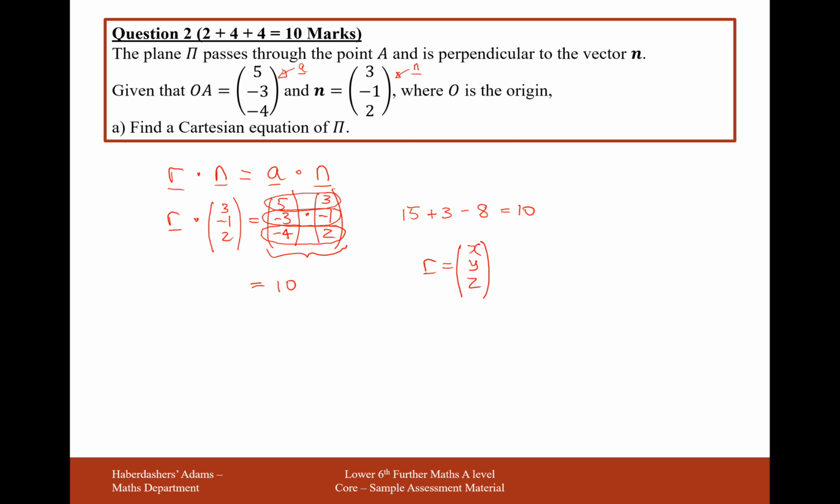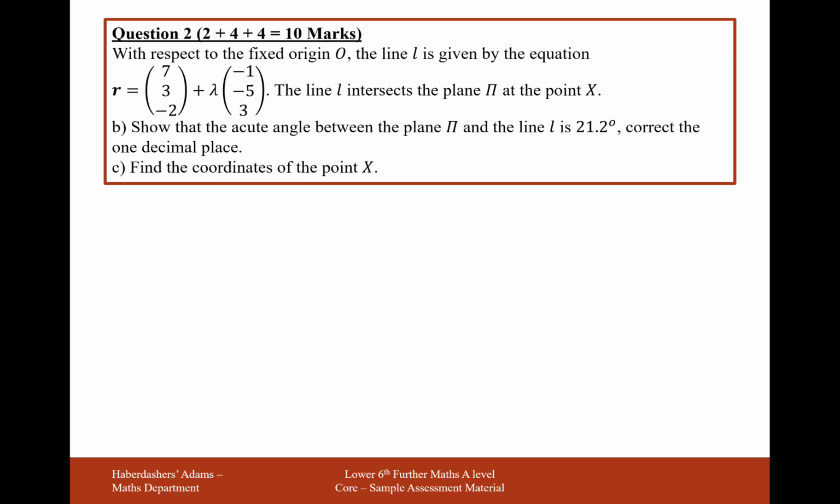So we can just do the dot product of x, y, z with our vector n here, 3, minus 1, 2. And you can see here, x times 3 gives us 3x, minus 1 times y gives us minus y, and 2 times z gives us 2z equals 10. Perfect, so that's the Cartesian form of the equation.